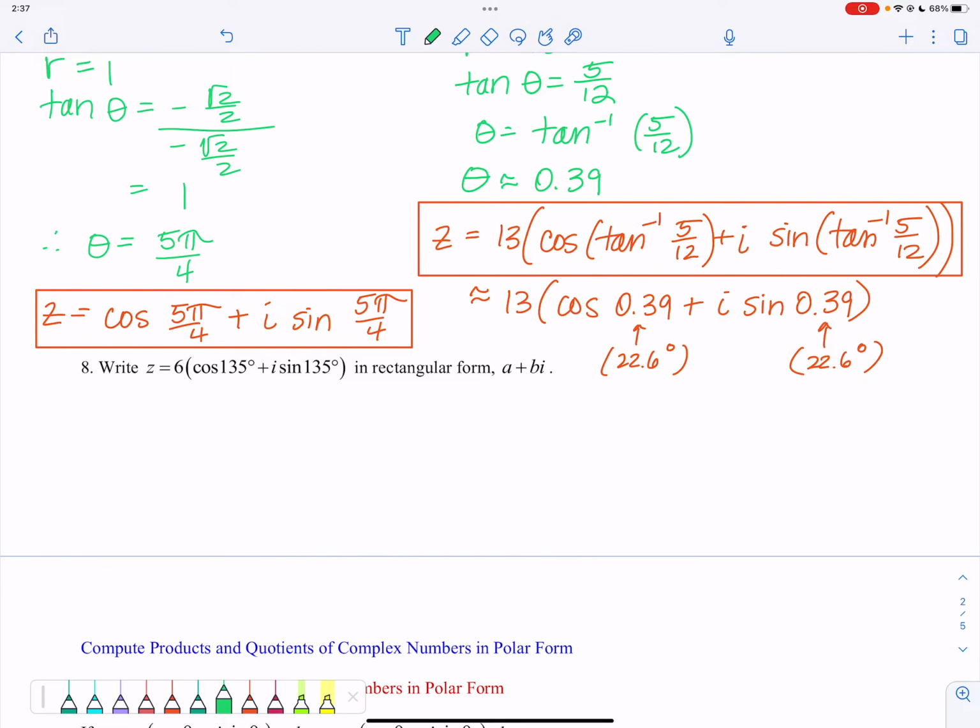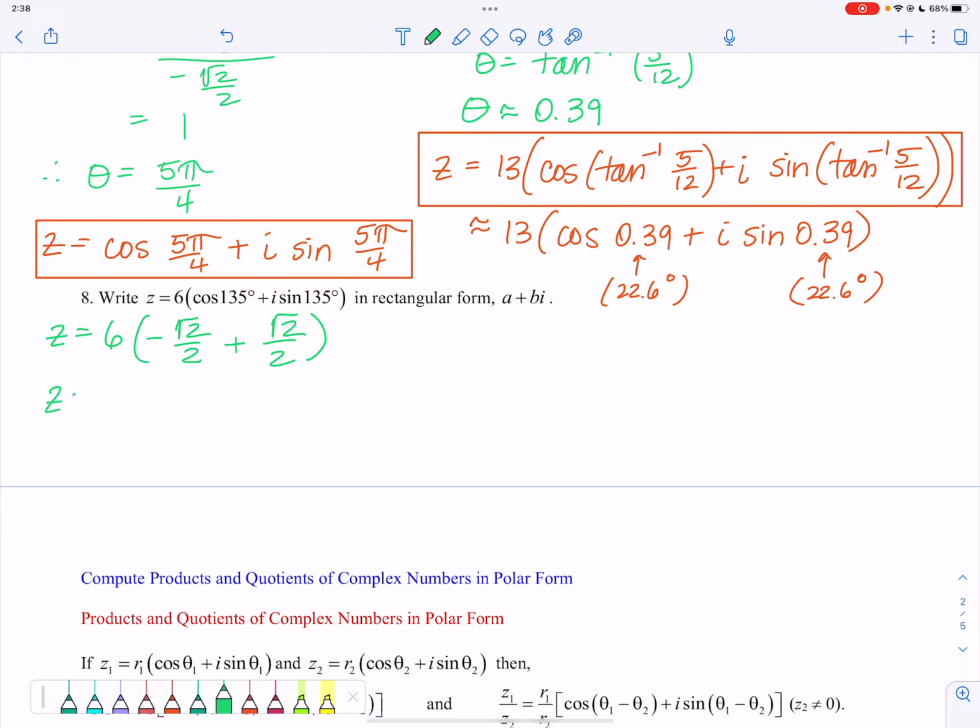So we have z is equal to 6, and that would just be the opposite of root 2 over 2 plus root 2 over 2. Well, that would mean that z is equal to the opposite of 3 root 2 plus 3 root 2 i.